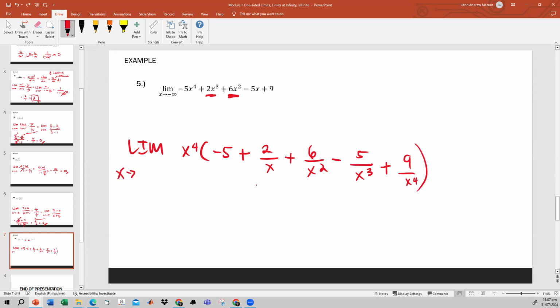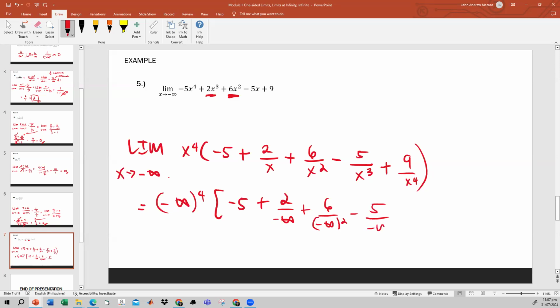Of course, I need to evaluate now the limit by substituting negative infinity. So this will lead to negative infinity raised to 4 times negative 5 plus 2 over negative infinity plus 6 over negative infinity squared minus 5 over negative infinity cubed plus 9 over negative infinity raised to 4.